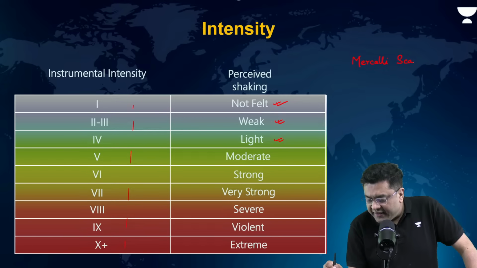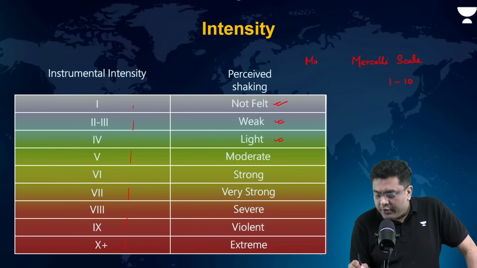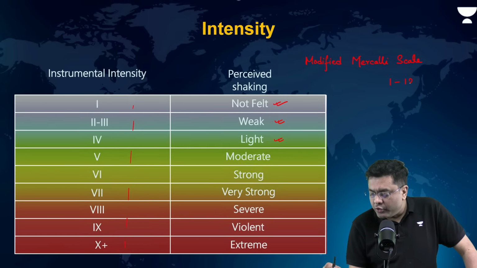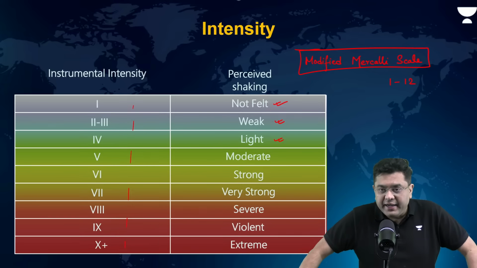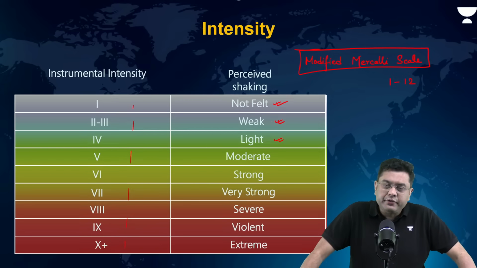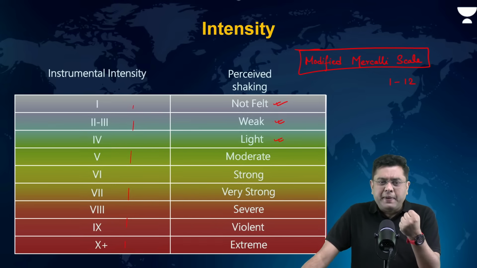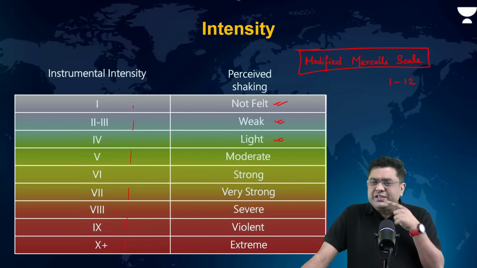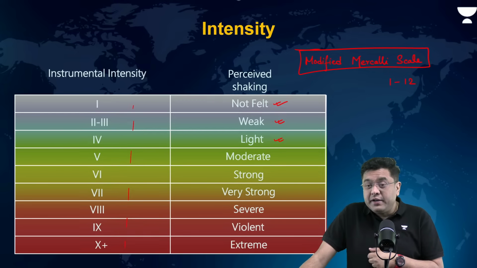Now, this Mercalli scale originally had readings from 1 to 10, but later it was modified to add two more values, extending it to 12. So now you measure intensity with the modified Mercalli scale, which varies from 1 to 12. But the destruction caused by an earthquake depends upon the region and the depth from where the earthquake originated.